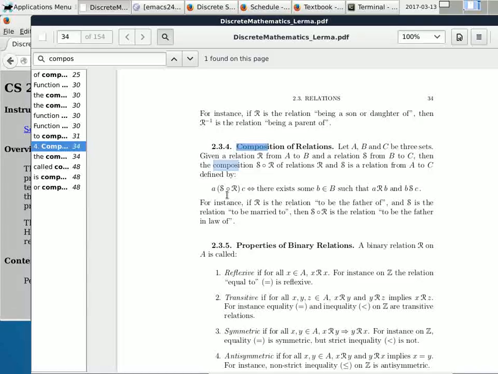So here the relation R is from A to B, but here it is written in a different way. So I think what I said is right.